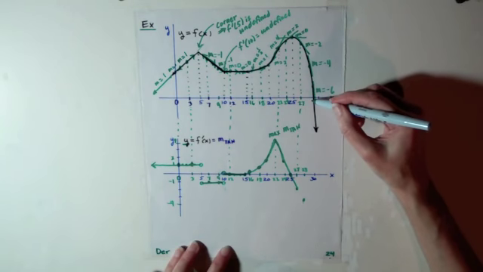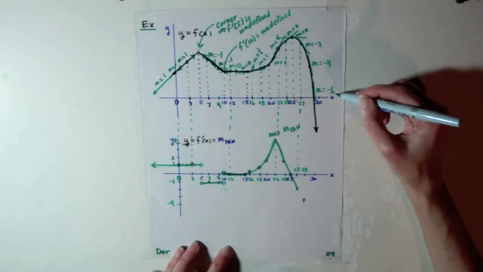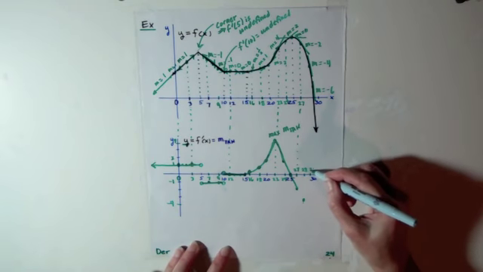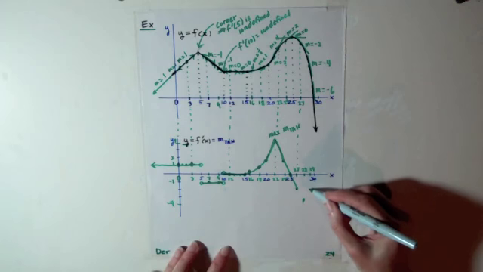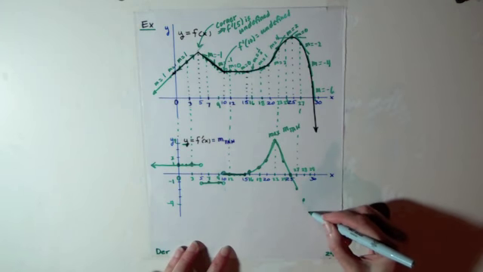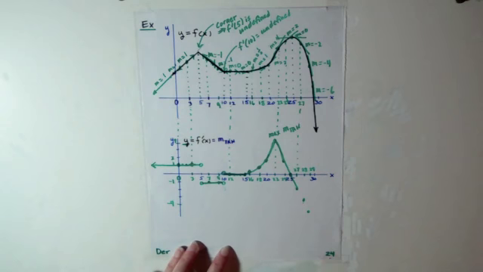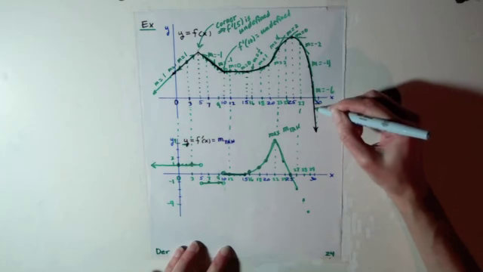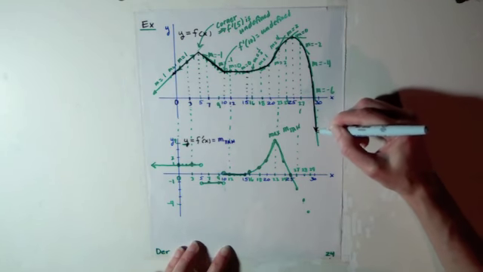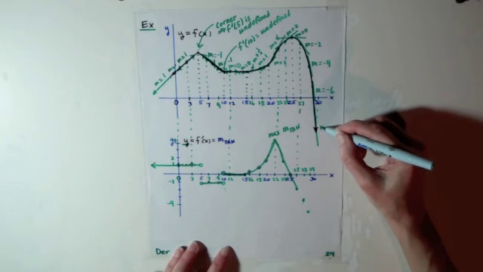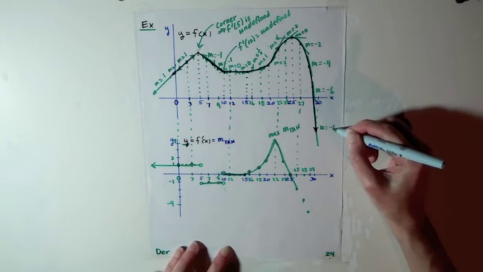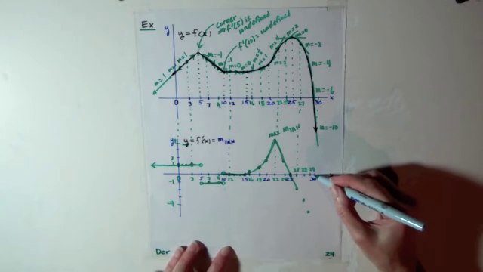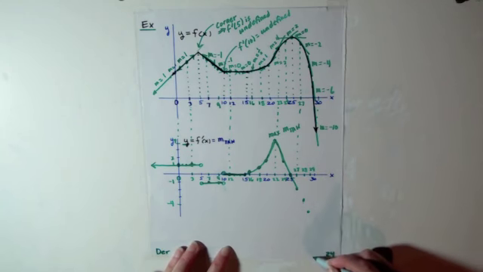At, I don't know, 29, the slope might be -6, so 29, -6 is a point on the graph of the derivative. And at 30, it looks like you have a very steep tangent line. Maybe the slope is equal to -10 by the time you get to 30. So 30, -10, which is almost off my graph, would be another point on the graph of the derivative.